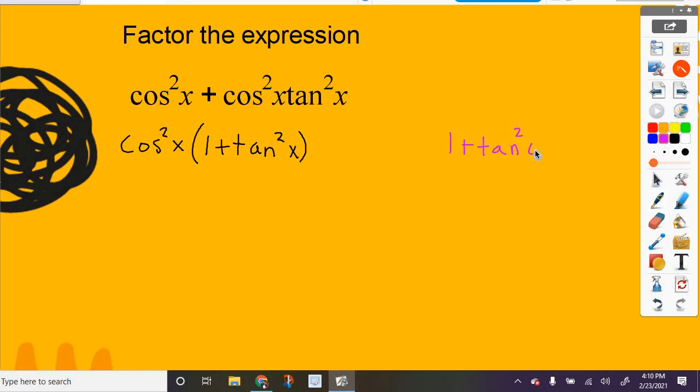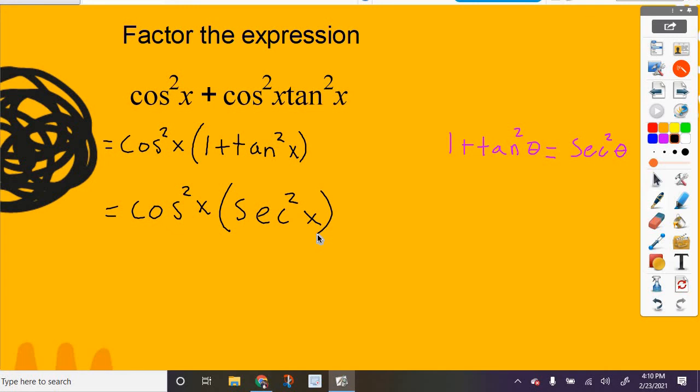So 1 plus tangent squared of x is going to give us secant squared of x, or theta. And so we can substitute in. So I get cosine squared of x times secant squared of x.